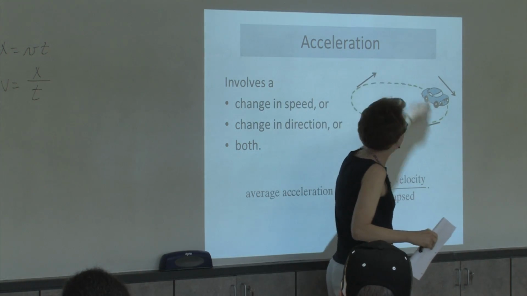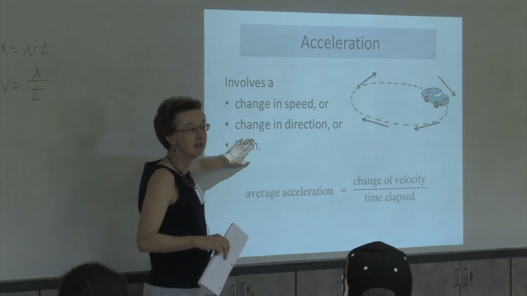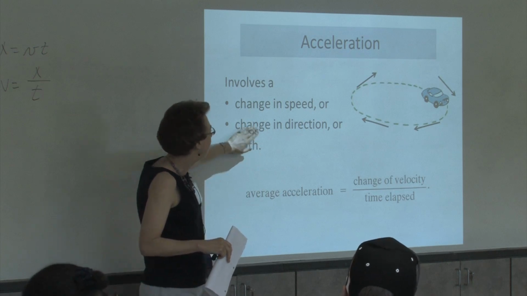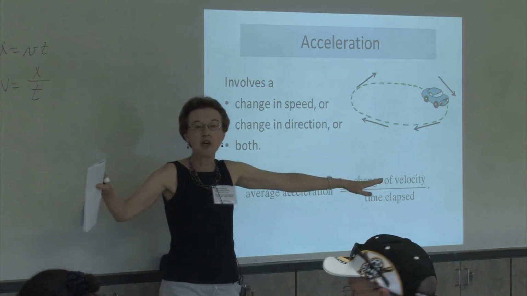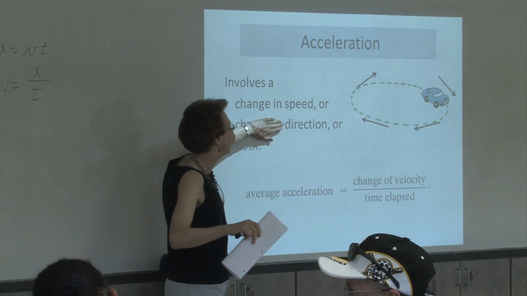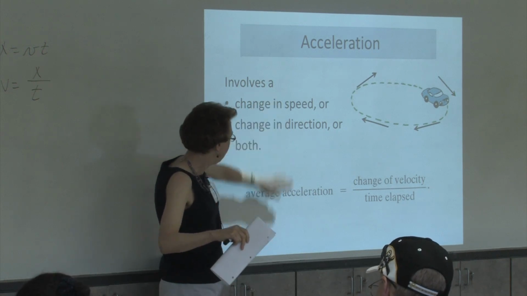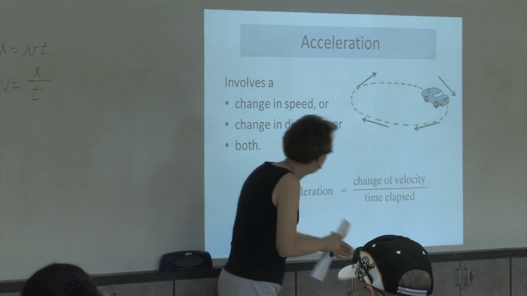And when I'm continually changing my direction, I am accelerating, even though the speed is the same. I'm not going to worry too much about this in this class in solving the crime. When I talk about acceleration, I'm going to be talking about changing my speed. And the definition of acceleration is change of velocity with time.